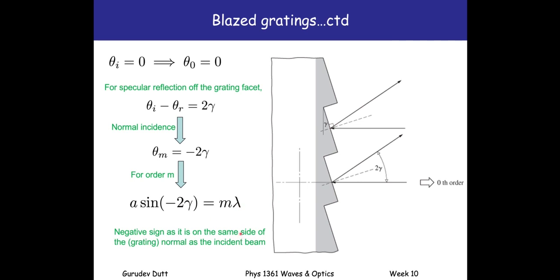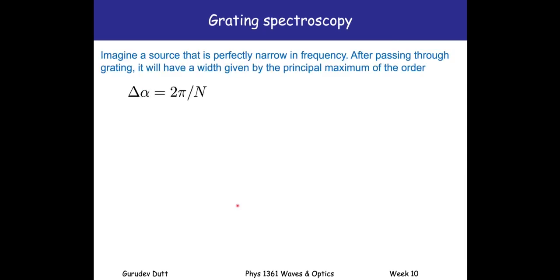So by changing this gamma, we can basically get a reflection. By changing the Blaze angle gamma, we get a diffraction angle theta m for the mth order beam at 2 gamma, which will satisfy the condition a sine minus 2 gamma equals m lambda.